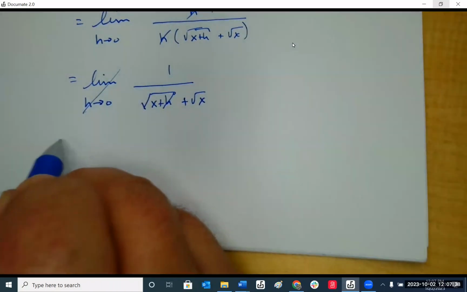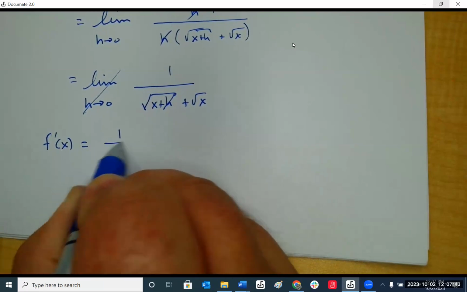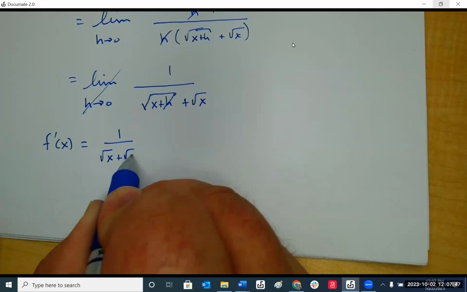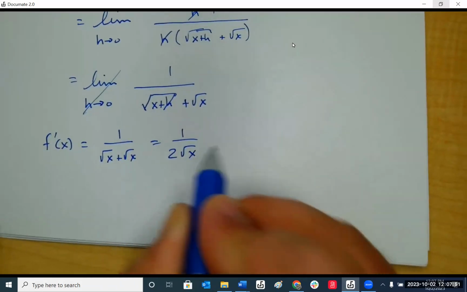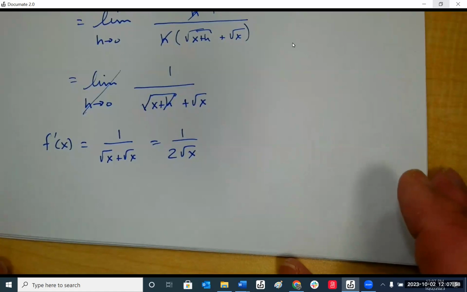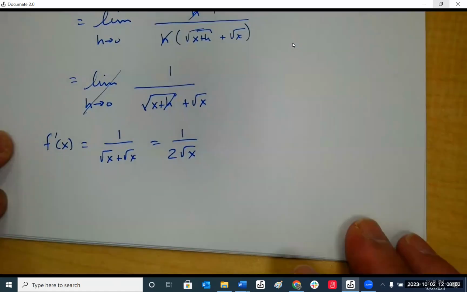That takes care of that. So my derivative becomes 1 over radical x plus radical x, 1 over 2 radical x. Where's the question? Oh, there it is.